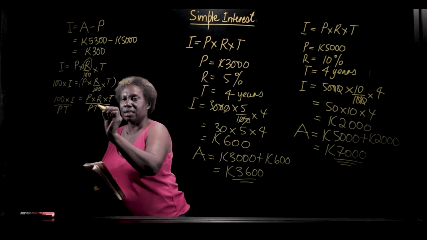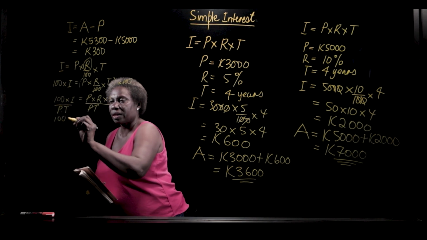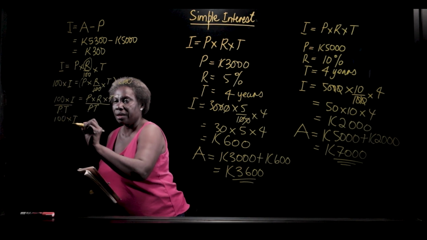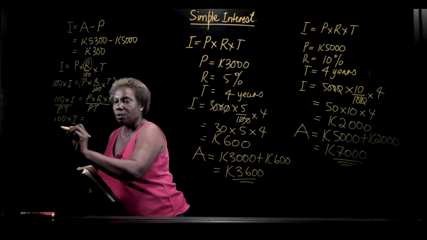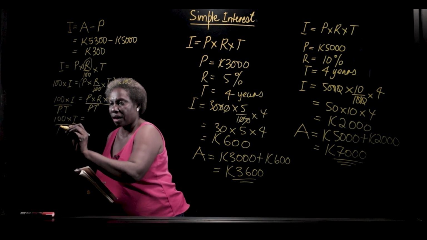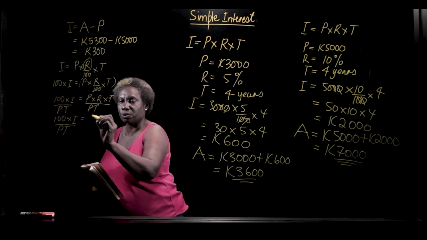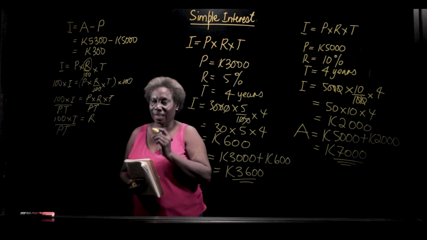This and this cancel out. So we have 100 times I over P times T is equal to R. Okay?